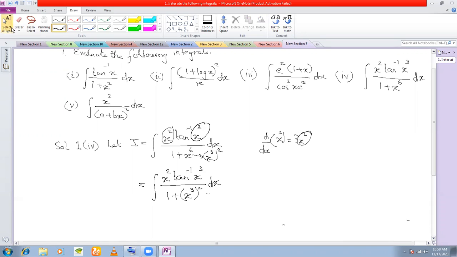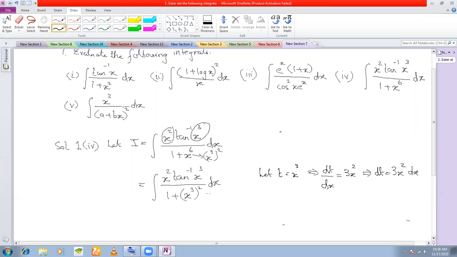Okay. Now you put t is equal to x cube, because you know that the d/dx of x cube is 3x square. So now you put t is equal to x cube. Let's see what happens. dt/dx becomes 3x square. That means dt is 3x square dx.